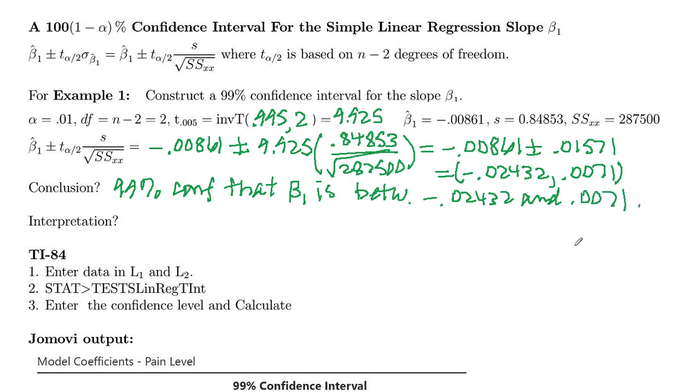And remember, that means that if we did repeated samples, if we did 100 samples, that 99 of those 100 samples would contain the true slope beta 1.